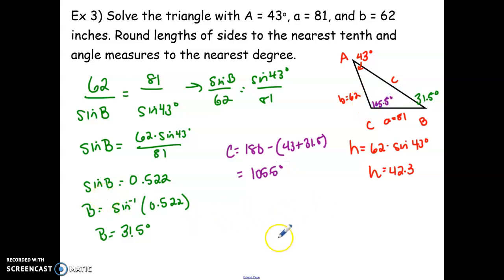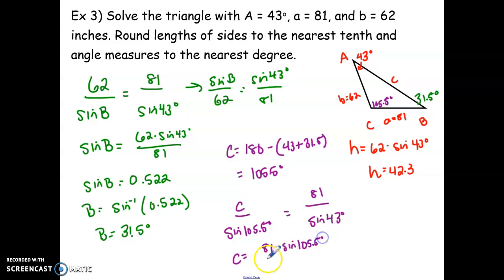And then I can go ahead and find side c using that same ratio. So sine of 105.5 degrees over c equals, we'll do a, so 81 over sine of 43 degrees. Multiply by sine of 105.5 on both sides. Type this in your calculator.